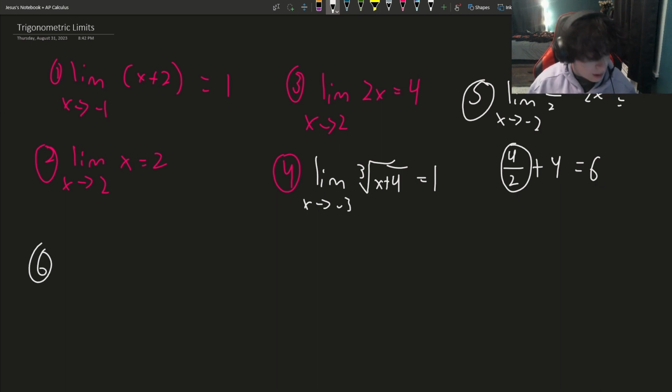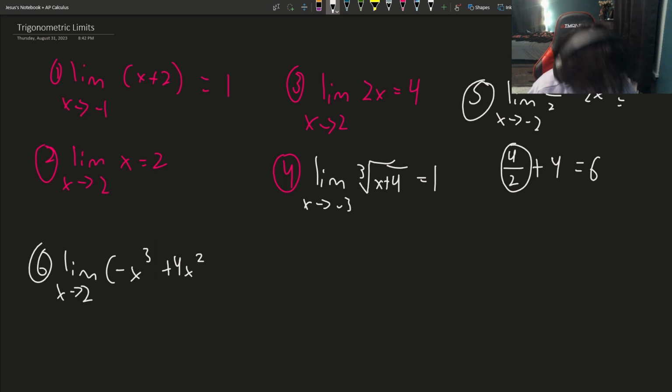Number 6. Like I said, we're going to just move through this really quick. Limit as x approaches 2 of -x cubed plus 4x squared minus 2, which should be equal to, so that should be -8.